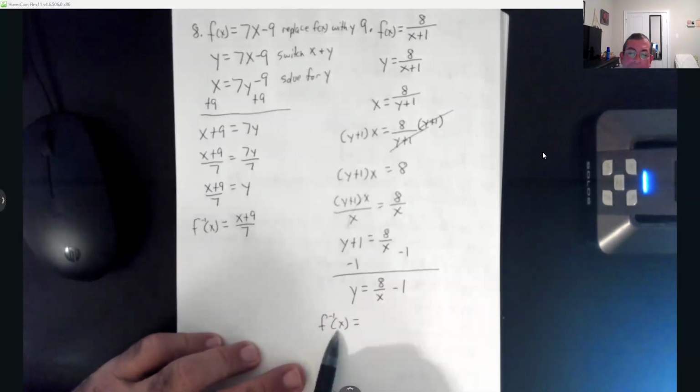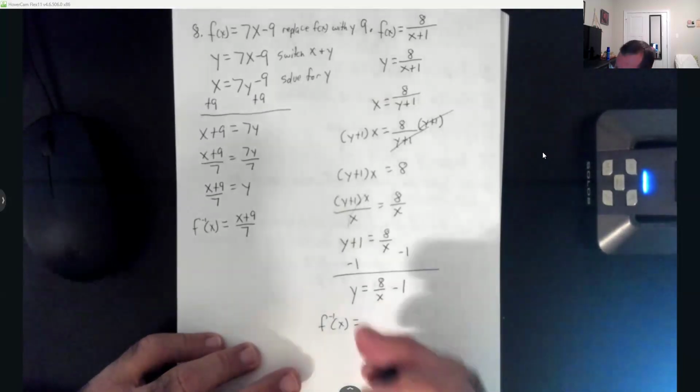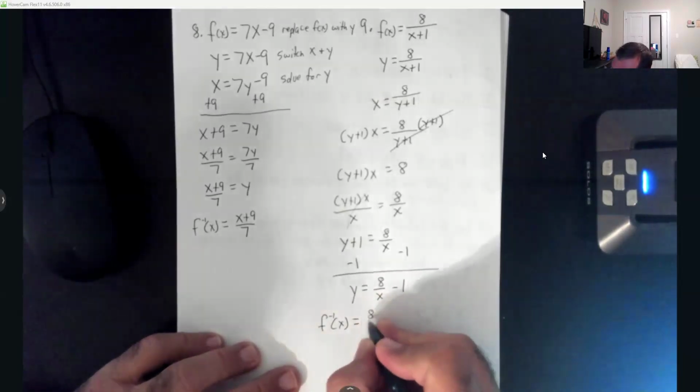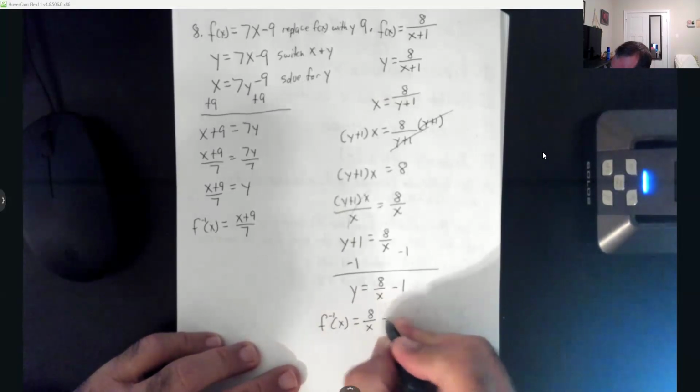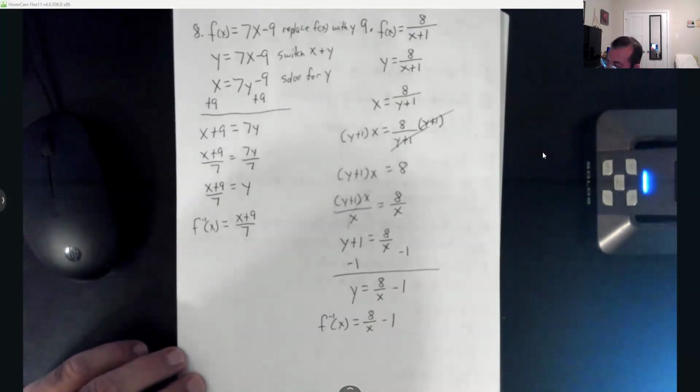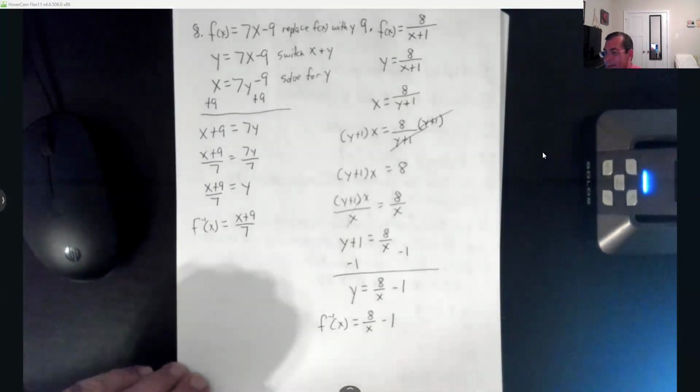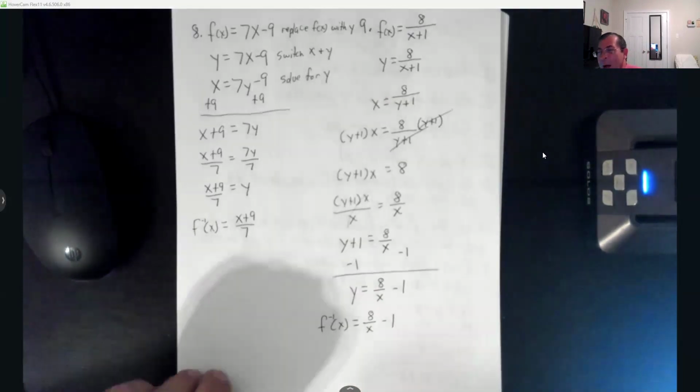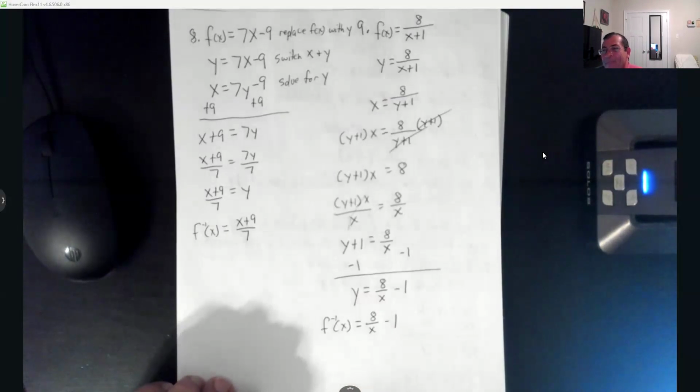Change that y back into f inverse notation. And then your final answer is 8 divided by x minus 1. So a little bit wild on some of these, but they get there, okay?